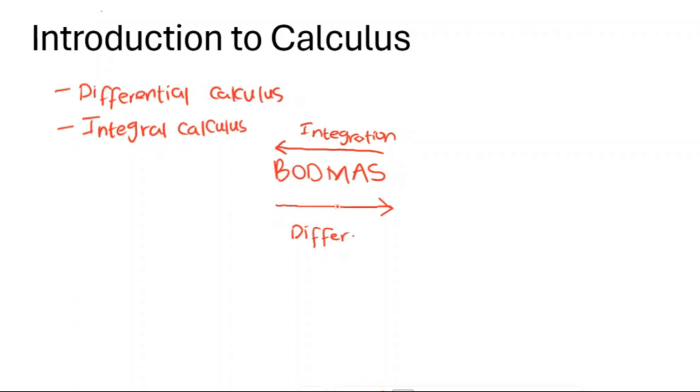Now, what are we actually doing when we are going to the right-hand side? For differentiation, you multiply before you subtract. You can see in this direction, multiplication comes before subtraction. We call it the MS method for differentiation.